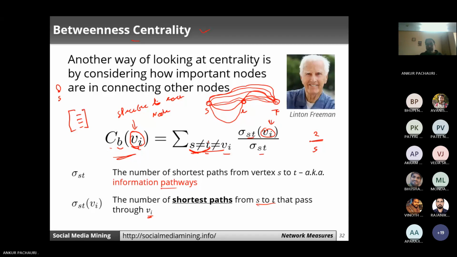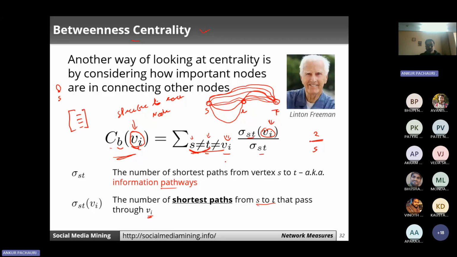And neither the source nor the destination should be the node on which we are working. If we are trying to find the betweenness centrality for node number 5, for example, I should not be working on all the paths which either start from 5 or end at 5.